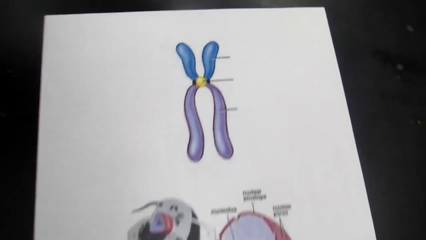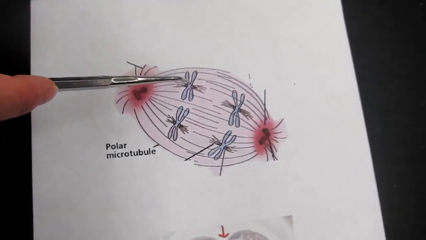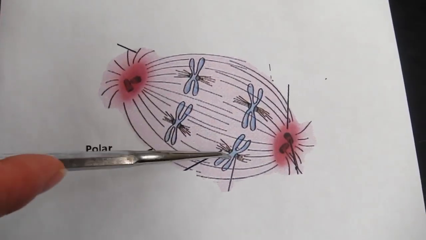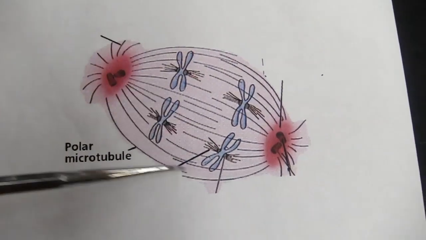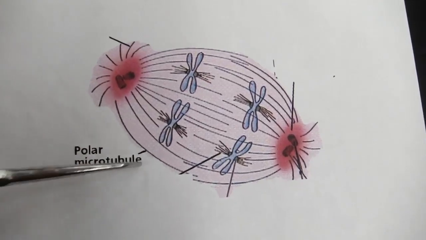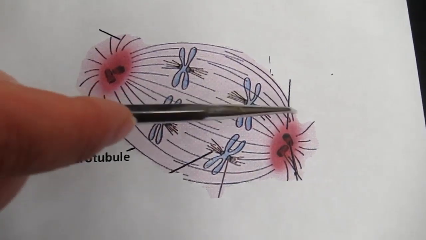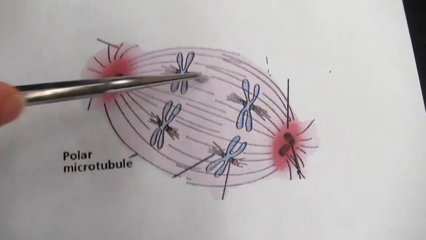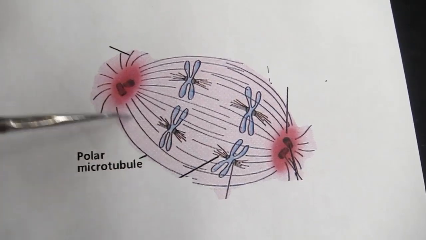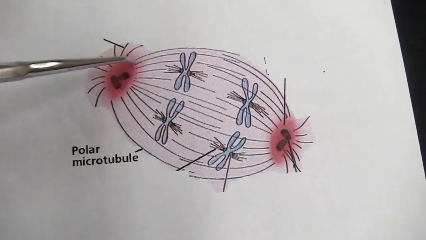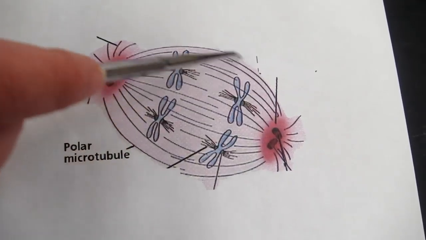Now if we go down to the next picture, we have some chromosomes that are in a structure made of microtubules. You can see this little label over here, polar microtubule. All of these microtubules together make the spindle, so they're referred to as the spindle fibers.